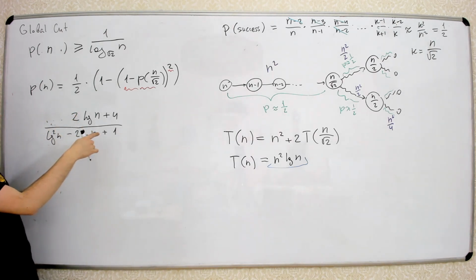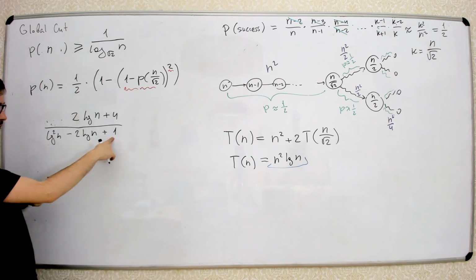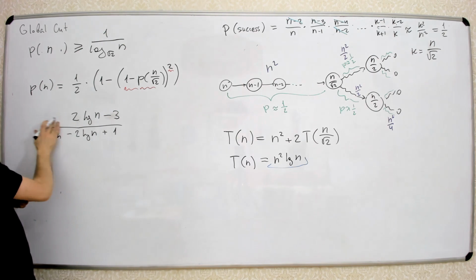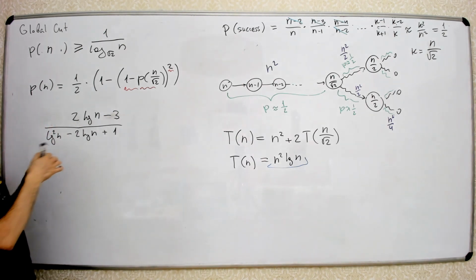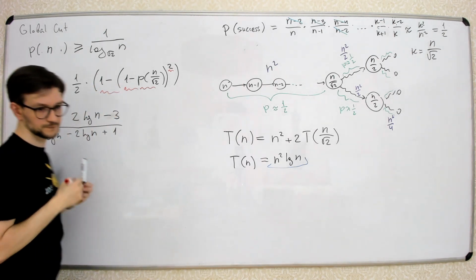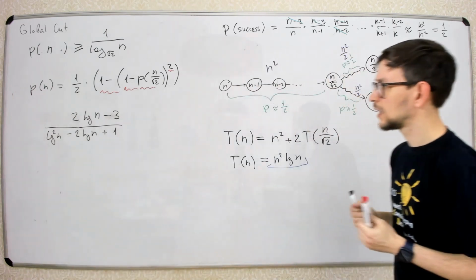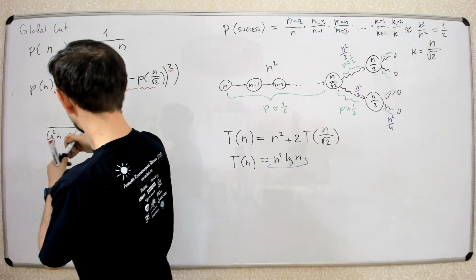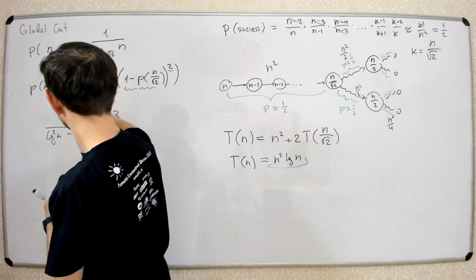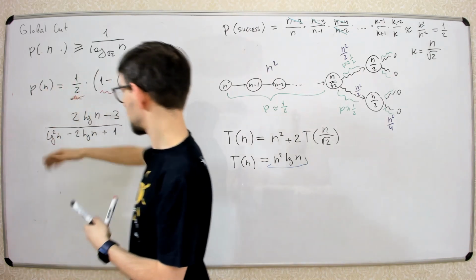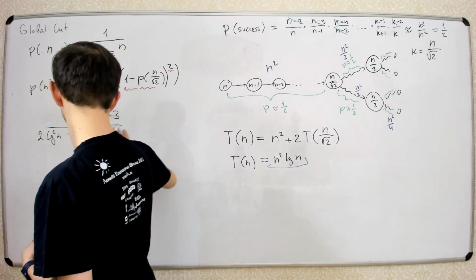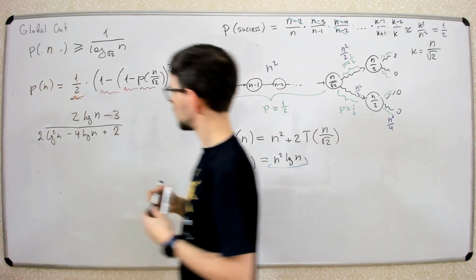And here I have 1 minus 4, it will be minus 3. So I calculated this part. And finally, I need to multiply by 2. So I just multiply this thing by 2. 2 minus 4 plus 2.